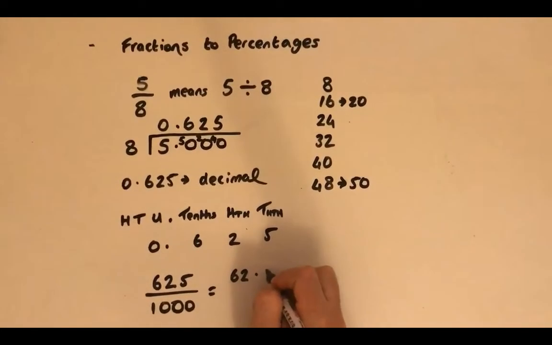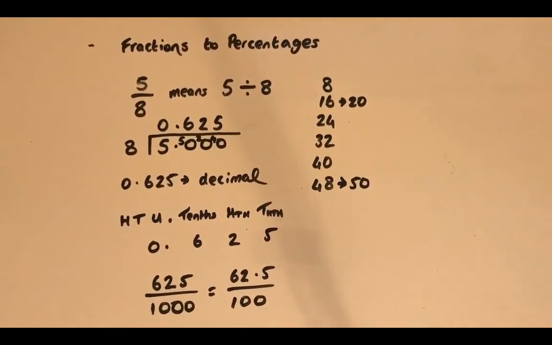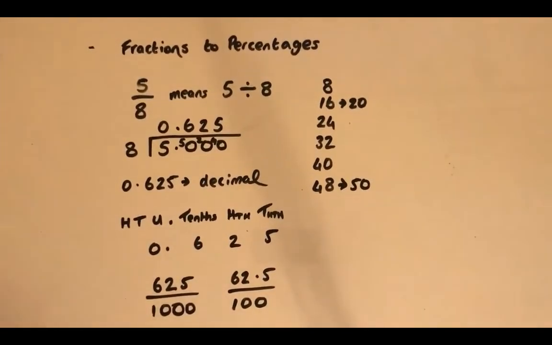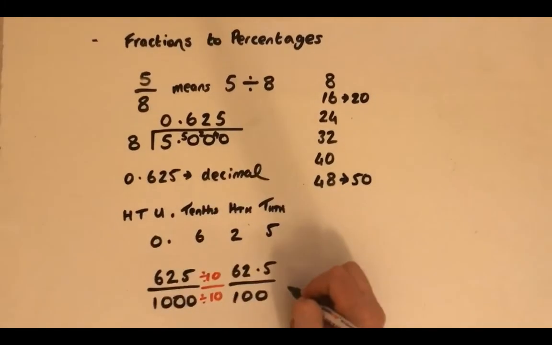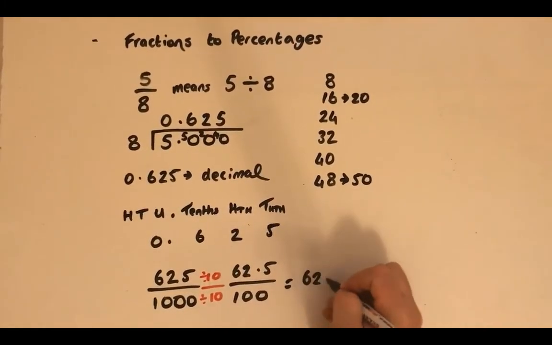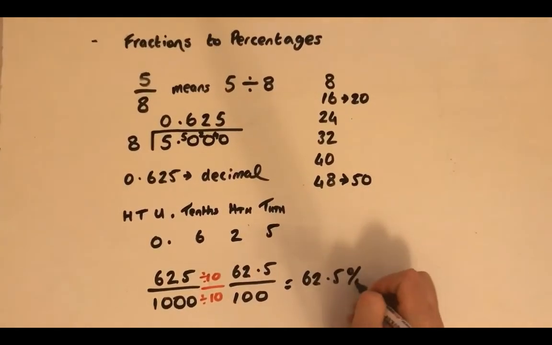If we simplify that, dividing the top and bottom by 10, we've got 62.5 hundredths. Those are exactly equivalent. So we're simplifying your fraction because you want it as hundredths, 100 equal parts. If you've got 100 equal parts, the numerator represents the percentage. So 62.5%. The same.